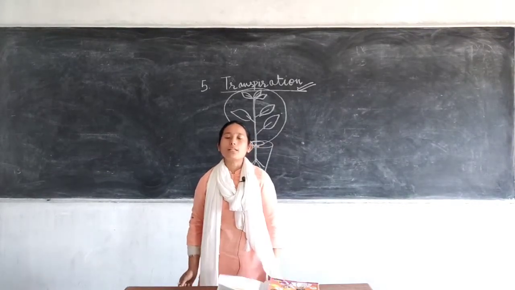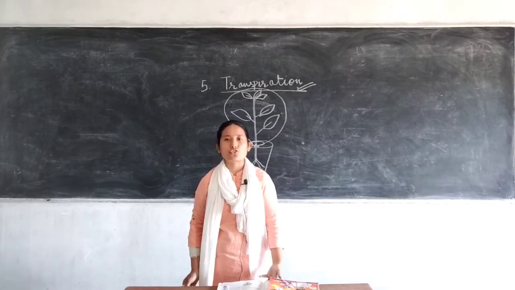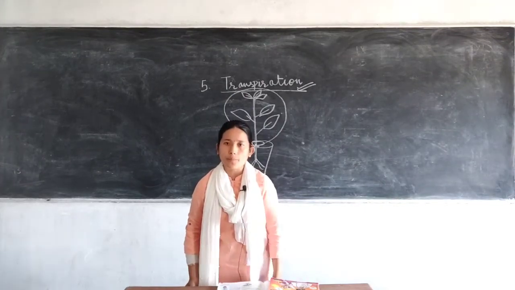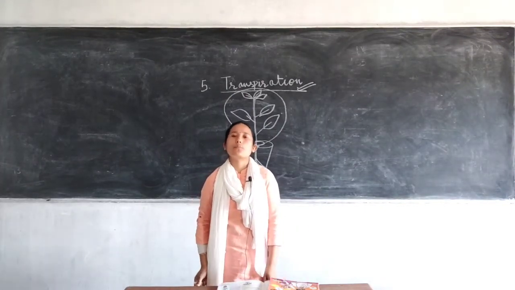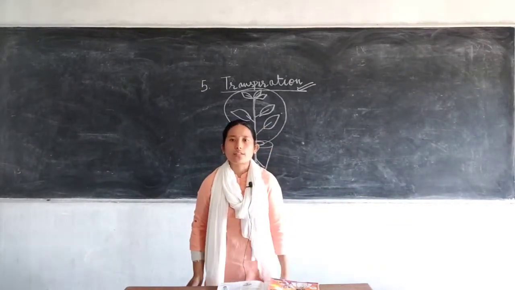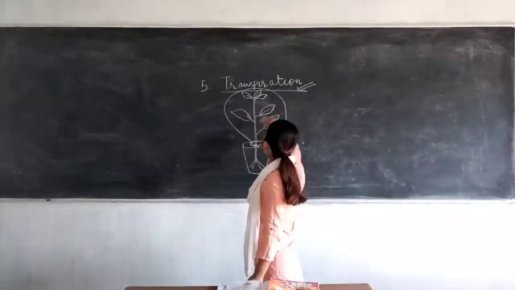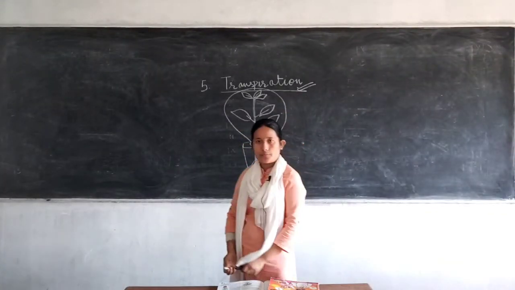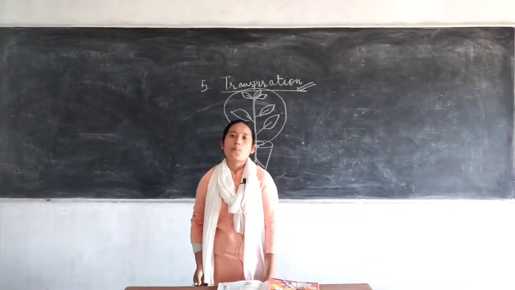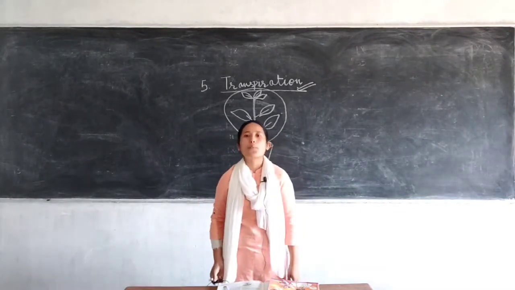The excess water that remains in the plant has to be removed out of the plant. So the process with the help of which the excess water from the plant is removed is referred to as transpiration. Now transpiration primarily occurs through the stomata present in the leaves.